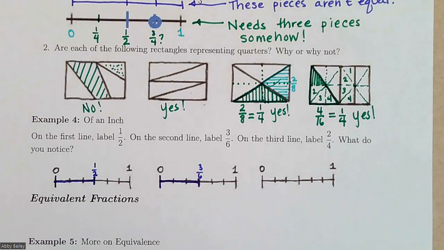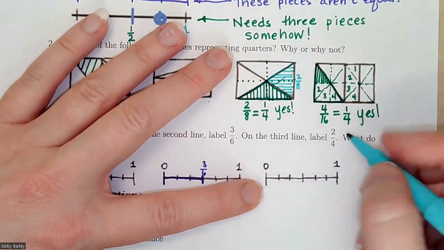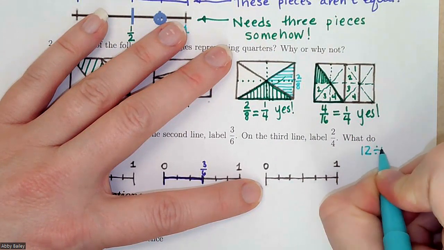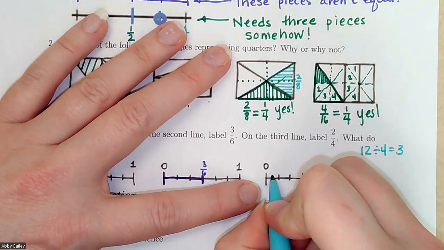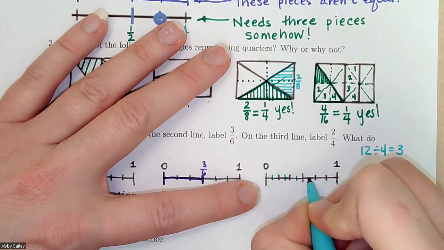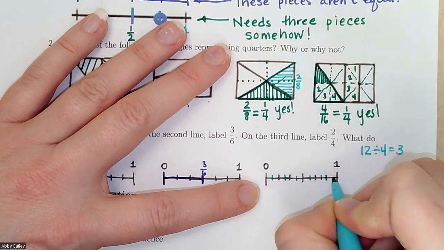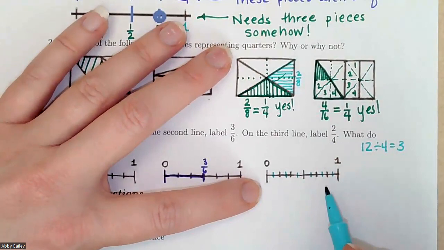So I'm going to need to chop everything into 12ths, because 12 is divisible by 4. So 12 divided by 4 equals 3. So because there's 6 pieces, I'm going to go like this. So it's 1, 2, 3, 4, 5, 6, 7, 8, 9, 10, 11, 12. Now I have 12 equal pieces.